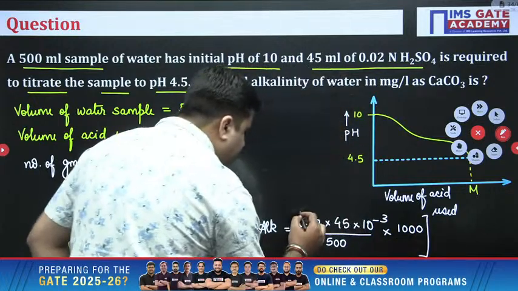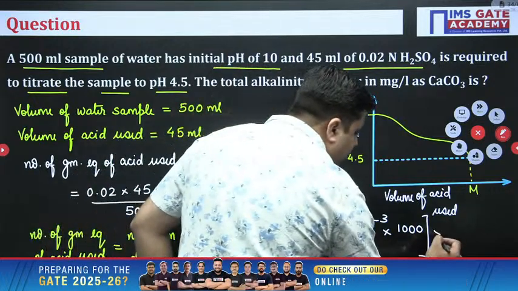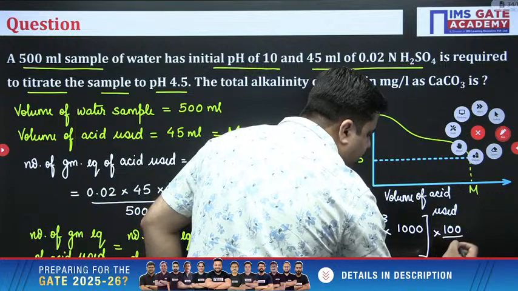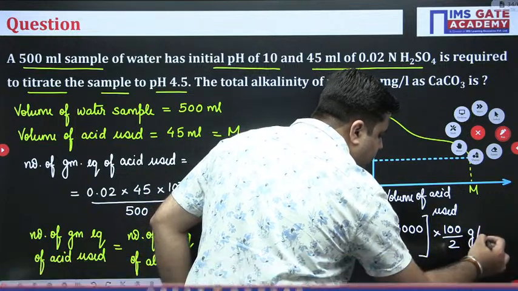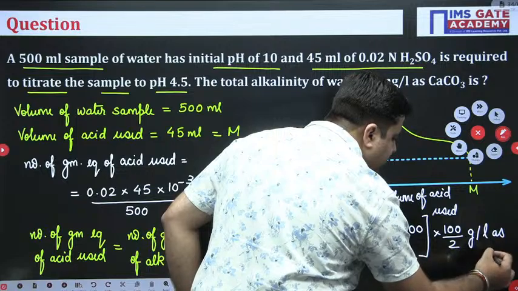So equivalent weight of CaCO3 will be 100 by 2, molecular weight by valency. So this will give you the concentration in gram per liter as CaCO3.